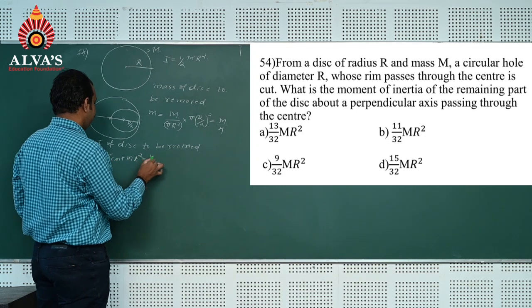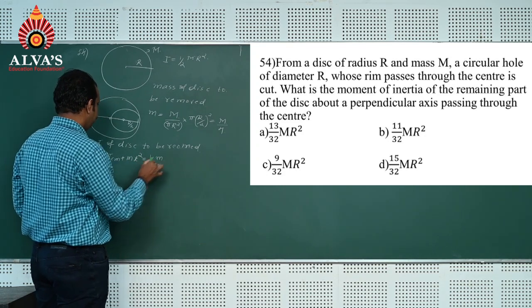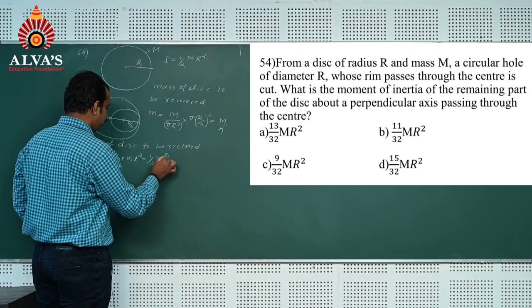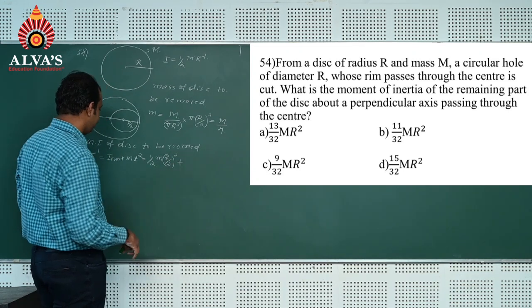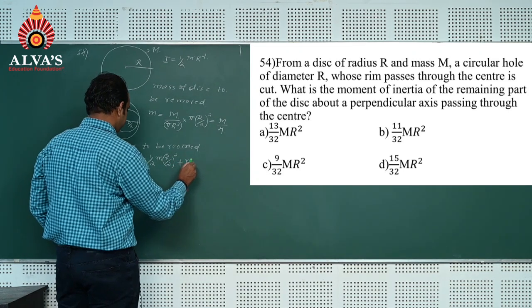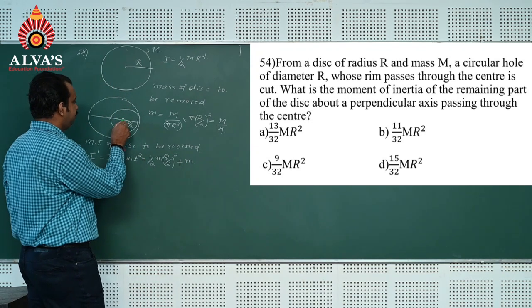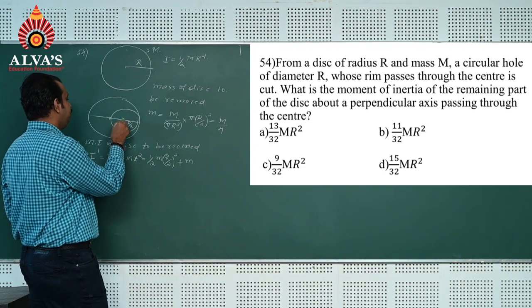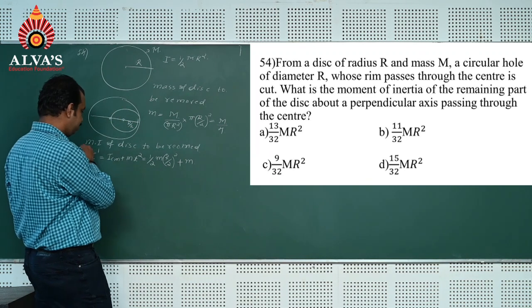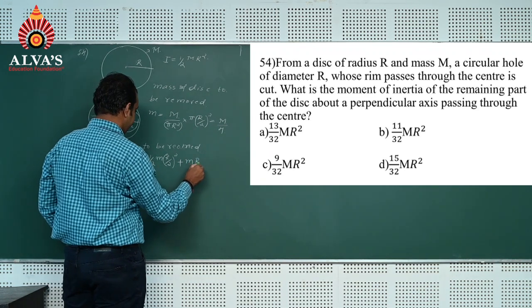It is half m into R by 2 whole square plus m into x square, where x is the distance from the center of this disc to the center of the original disc, R by 2.